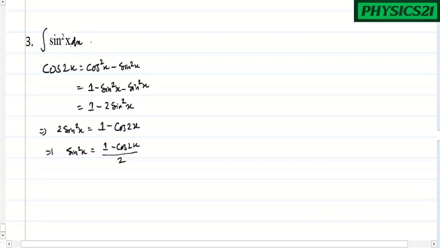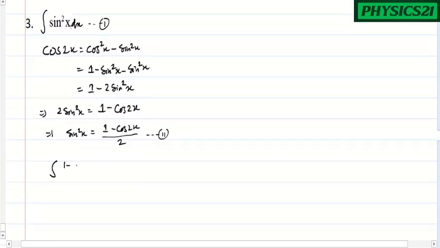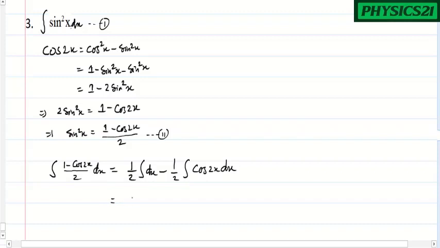So from equations 1 and 2, we can write the integral of (1 − cos 2x) divided by 2 dx. The next step can be written as 1 by 2 integral of dx minus 1 by 2 integral of cos 2x dx. Now for dx there will be only x, so this is x by 2.